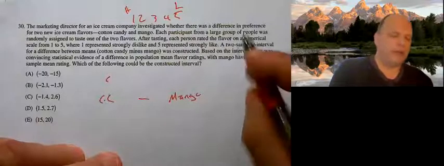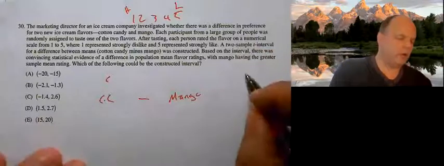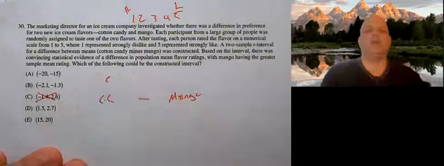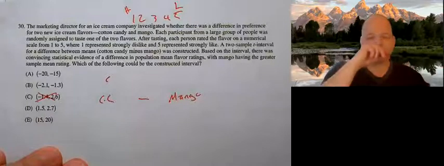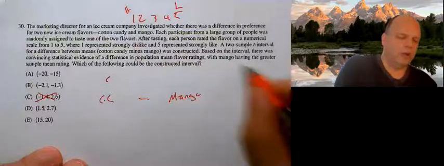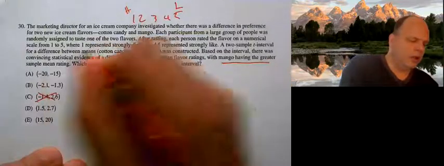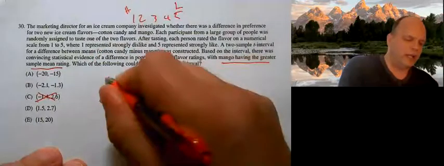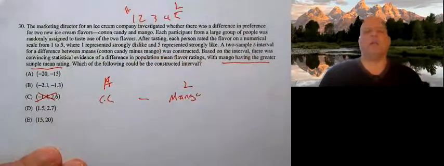If there is a difference, that means it can't contain 0. Well, real quickly, that gets rid of this one because it contains 0. All right. With mango having the greater sample. So we like mango. We love the mango. We hate the cotton candy. We'll get back to that real quickly.